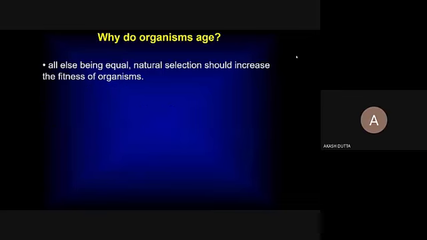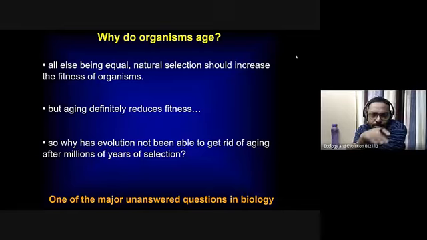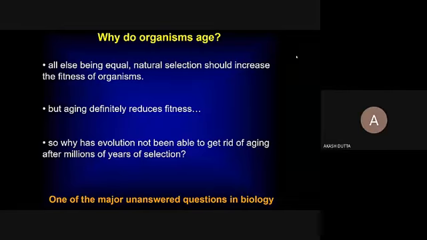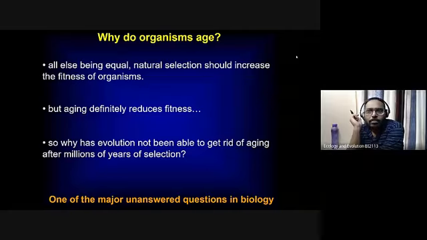Sir, if we go back to your first or second lecture when we did the survivorship curves, weren't there survivorship curves that did show no such late life decline in mortality? How?